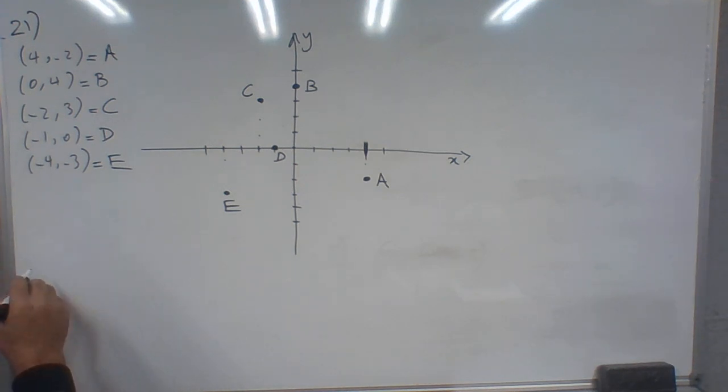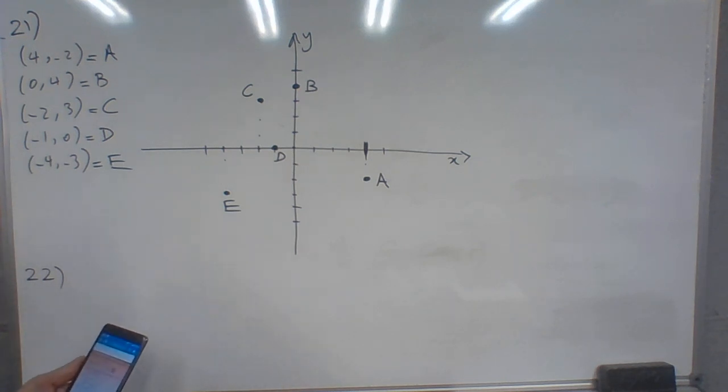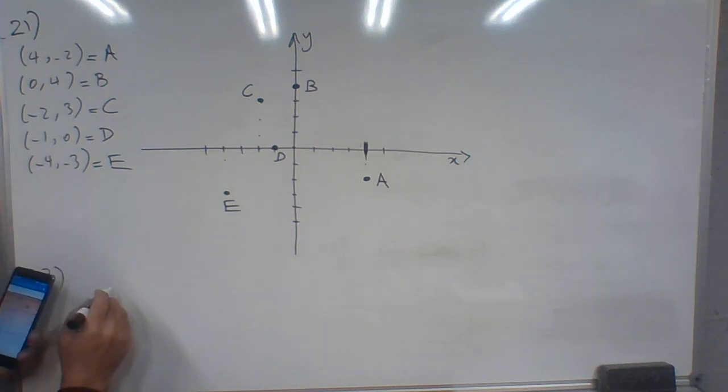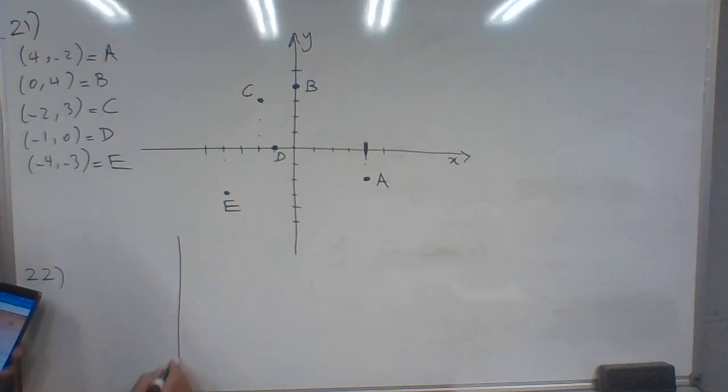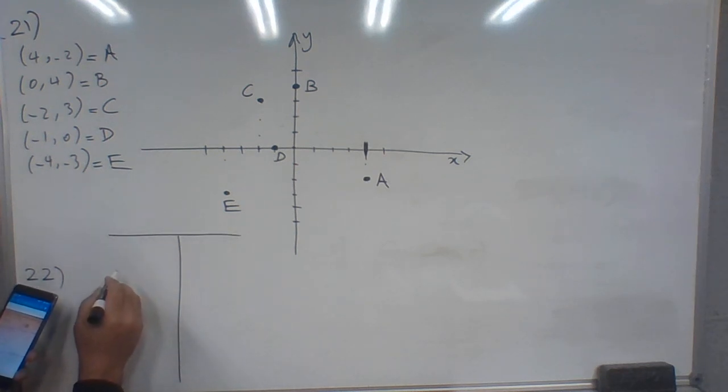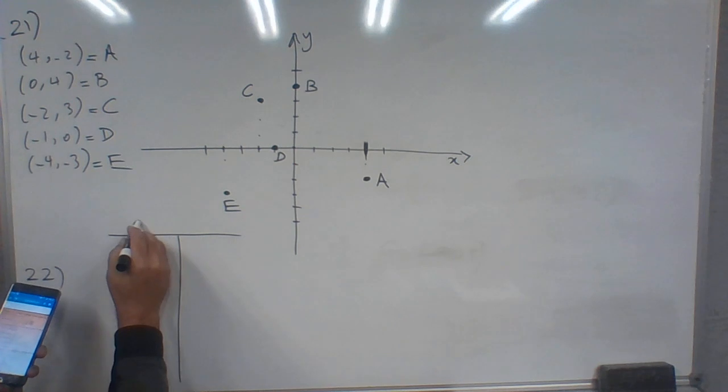Problem number 22. Part 1. Evaluate the following linear equation for the given values. Okay, so evaluate means check what the values are at that point. So I draw this table. This is x.